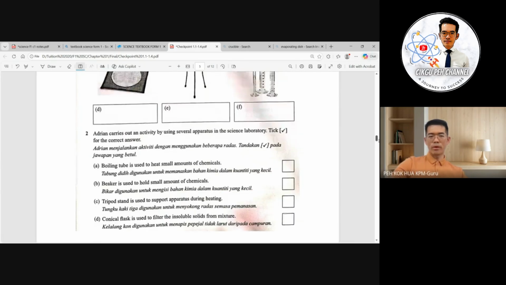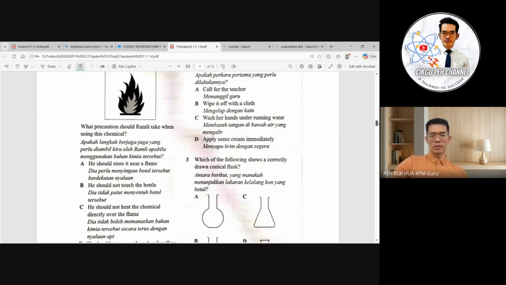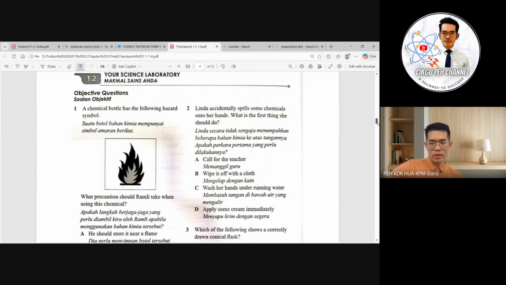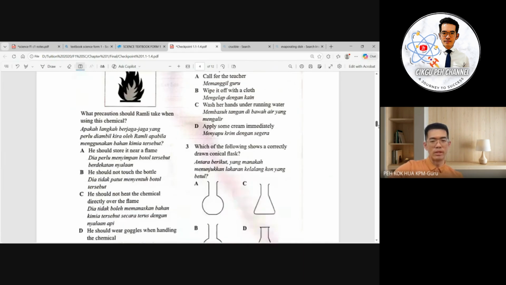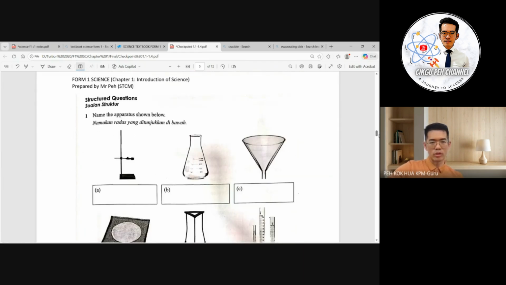Okay, so checkpoint 1.2. So we can try the question. But the objective question we cannot do first because involving the symbol. Okay, so then means that we go for structure first. Or you go for structure question number 1.